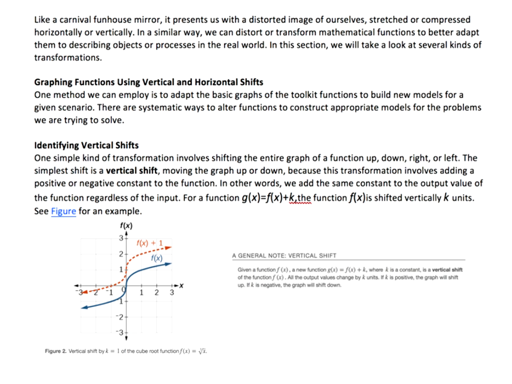That's the same thing we're talking about here, except instead of a mirror reflecting an image of you, we're talking about some toolkit function being transformed in some way. Hopefully that visual of the Carnival Funhouse mirror makes this idea of what a transformation is a little easier to process.